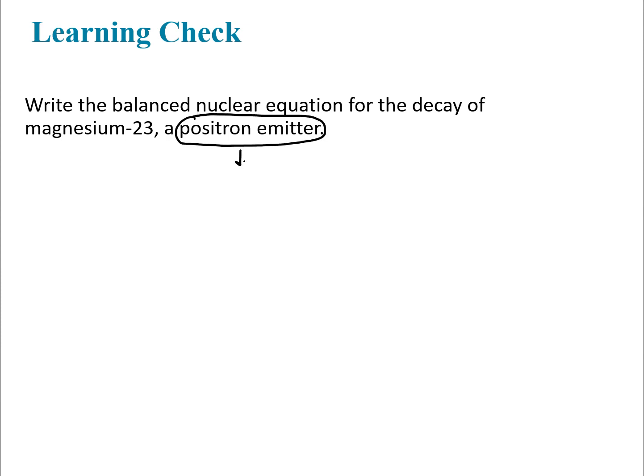Positron emitter tells us what the particle is that we're losing. At this point in time, you're not watching so that you can make sure you can replicate this exact problem, but understand the flow of how to solve a problem like this. That's why I show you example problems.